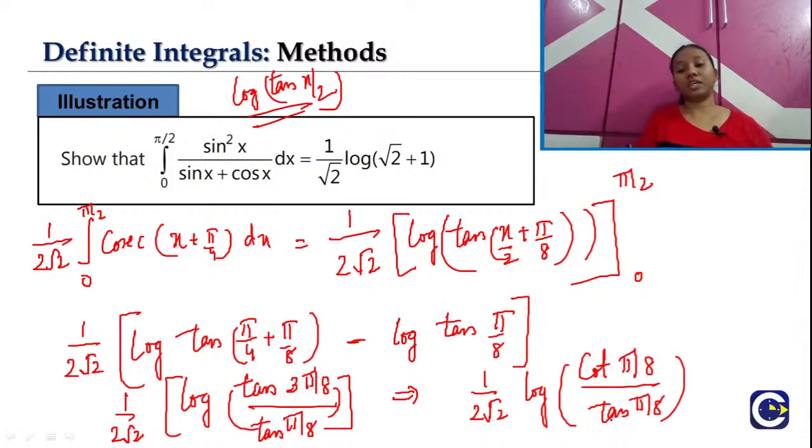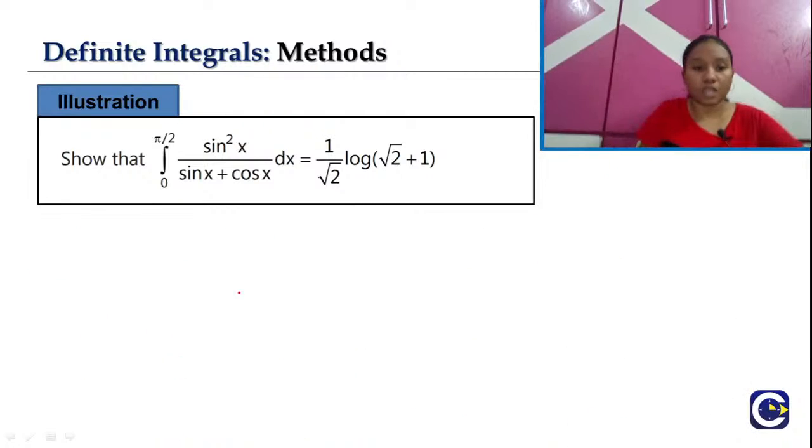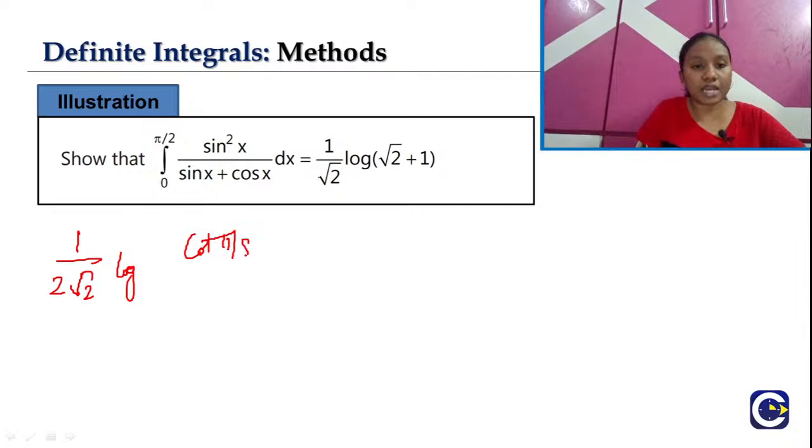Right. So 1 by tan can be written as cot. So this will become cot square pi by 8. So we have 1 by 2 root 2 log of cot pi by 8, and in the denominator we have tan pi by 8, which can be written as cot pi by 8, so it becomes the square of it.